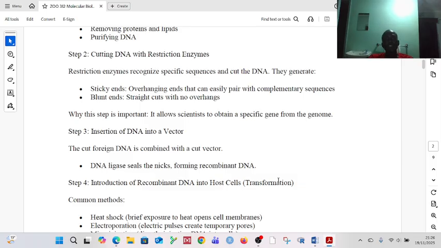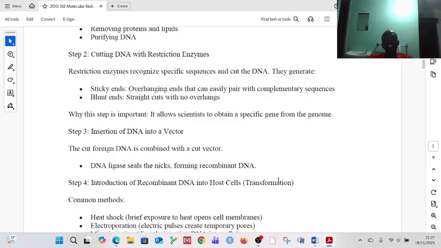So once you have a ligase added to the DNA, the gene of interest and the vector, then so long as the gene of interest and the vector were cut by the same restriction enzyme, then DNA ligase will be able to join them together, and at the end of this stage, we'll now be having our recombinant DNA. It is recombinant because it has DNA from a source or a donor organism. That is the organism from which you obtained your gene of interest.